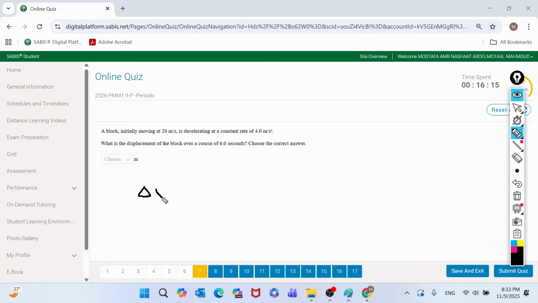So this displacement equals 1 over 2 a, acceleration is 4, so 1 over 2, 4, t is 6, so 6 squared, plus v0t, so 20 times t, which is 6.